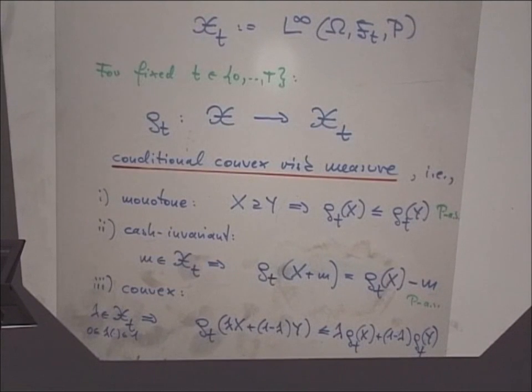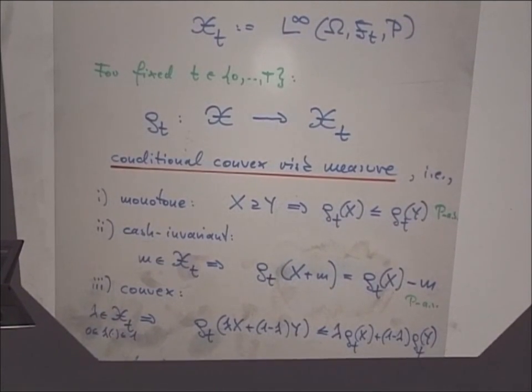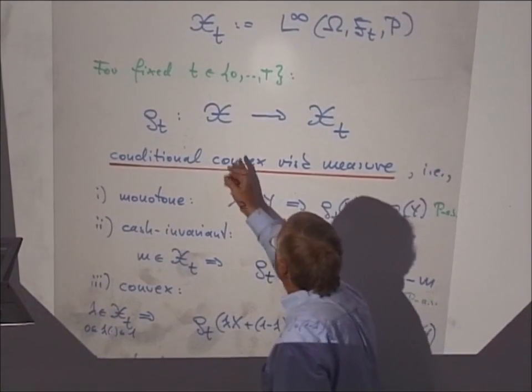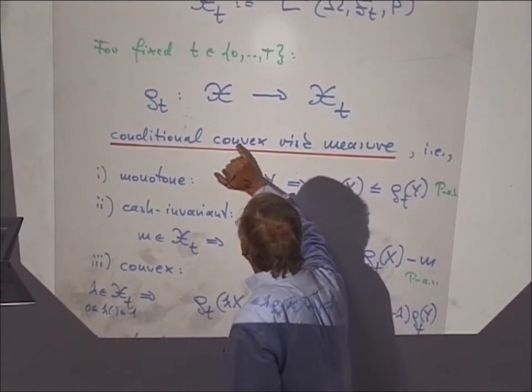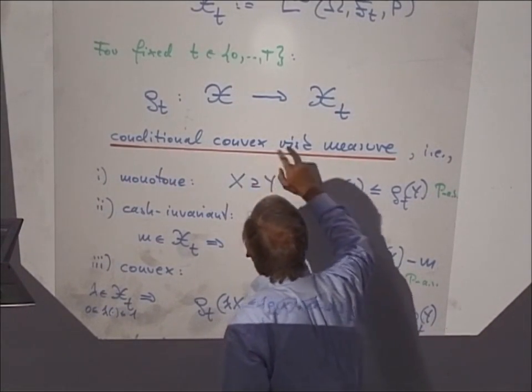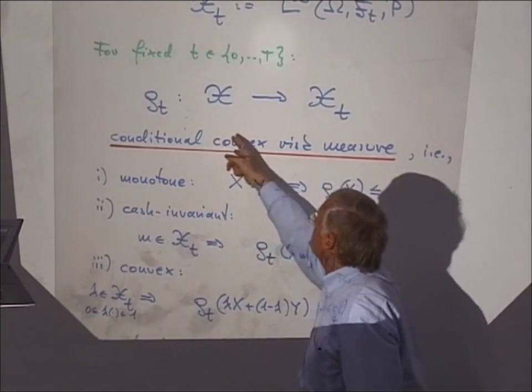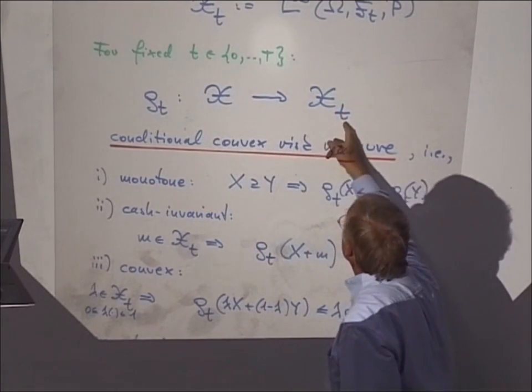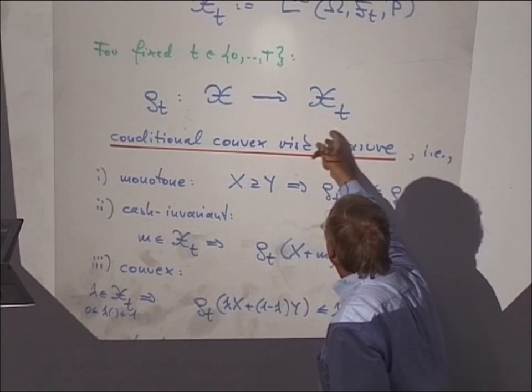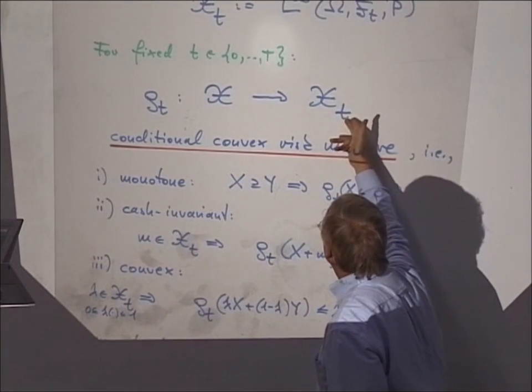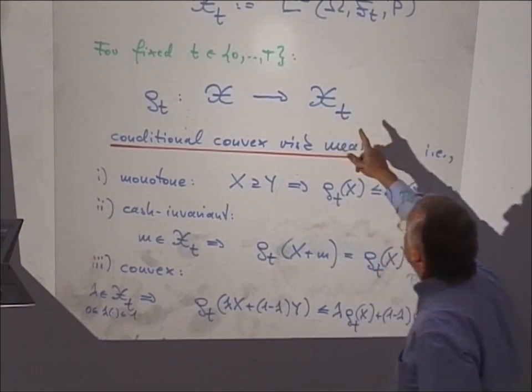Now for a fixed time, we say we have a convex risk measure conditional on the information up to time t, if for each financial position, rho t associates some numerical value, some monetary requirement, but this will now not be a constant.